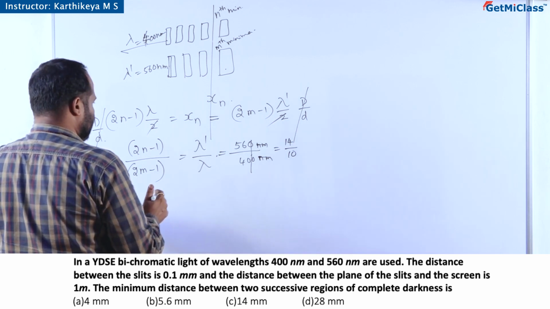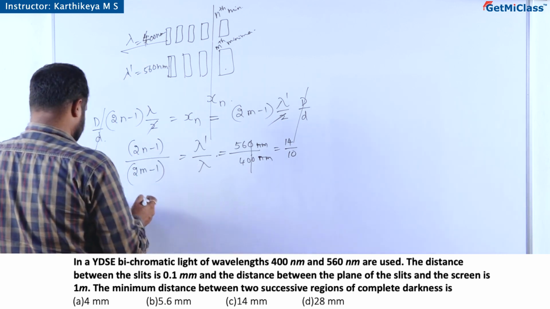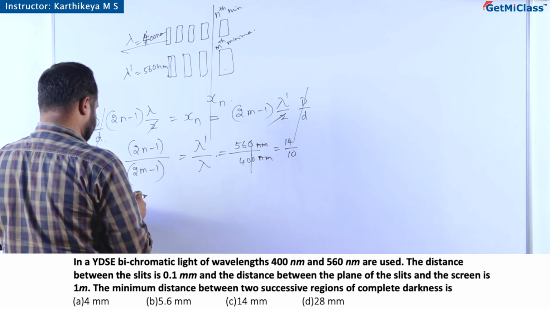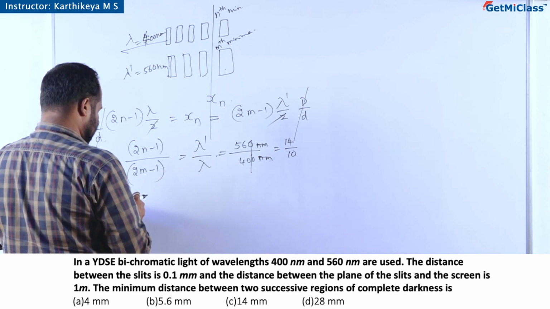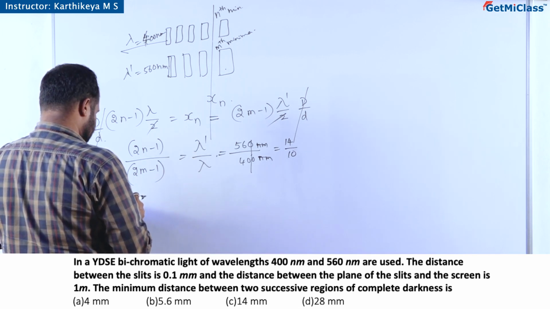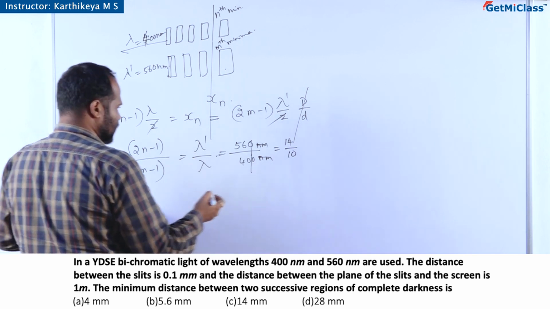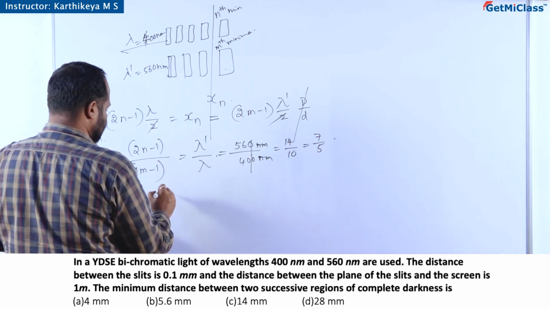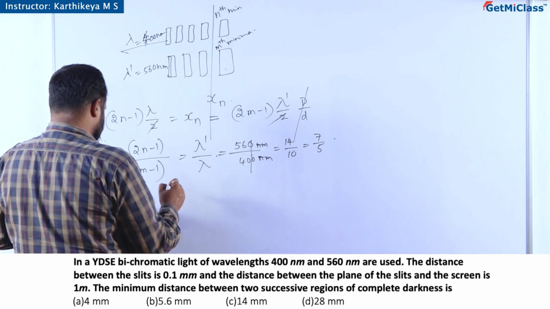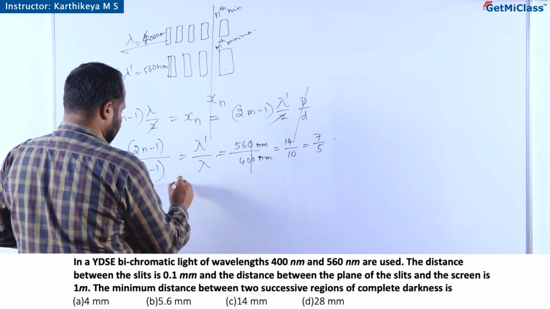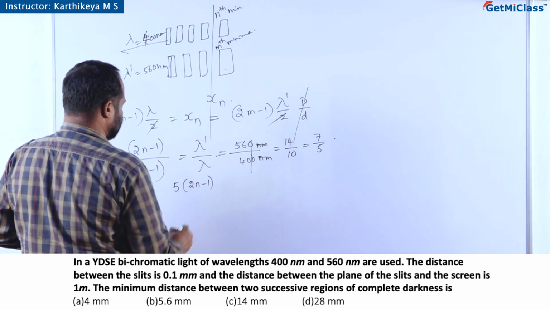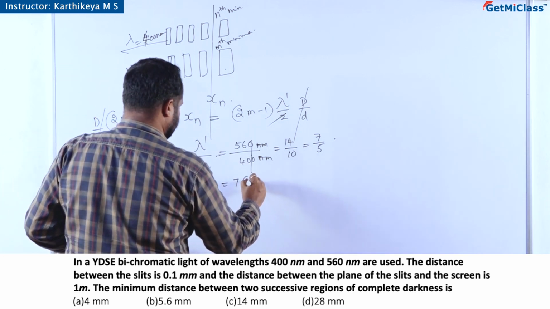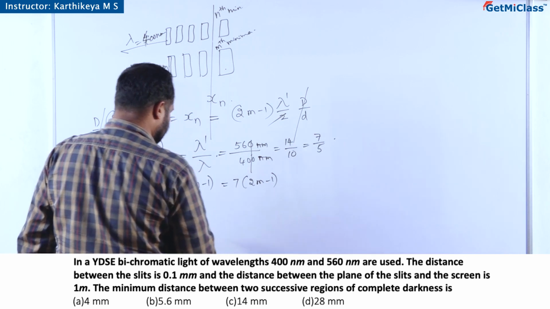Okay, now that is what we are going to get here. 14 by 10 can be rewritten as 7 by 5. So that goes as 5 into 2n minus 1 is equal to 7 into 2m minus 1.